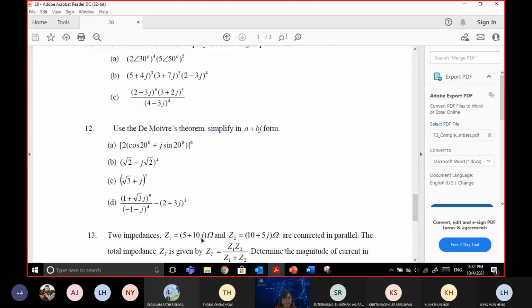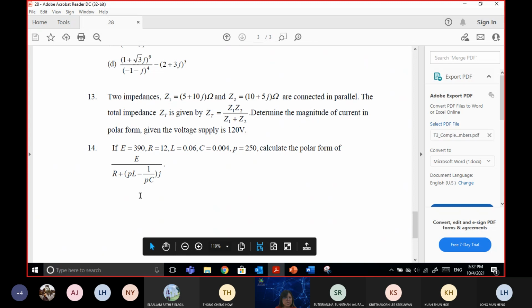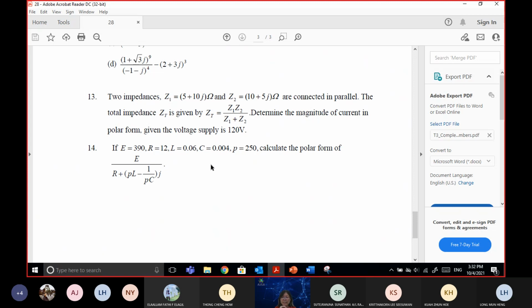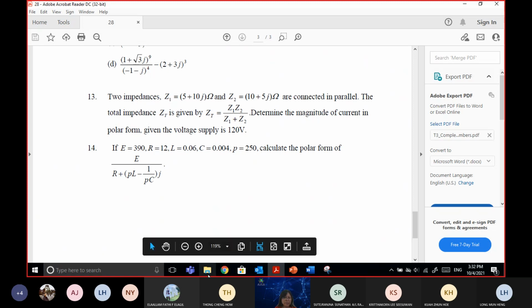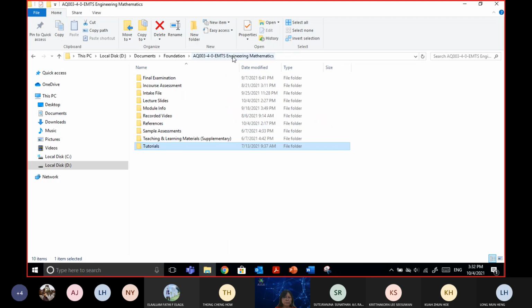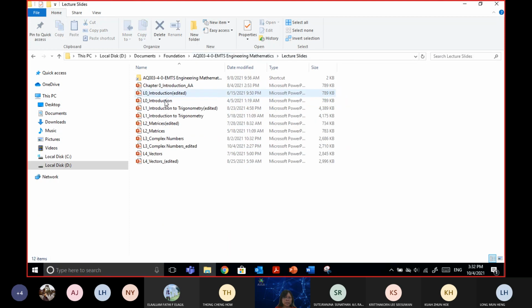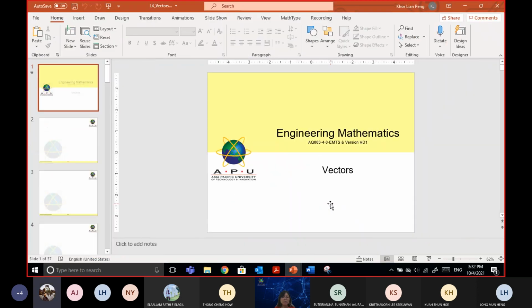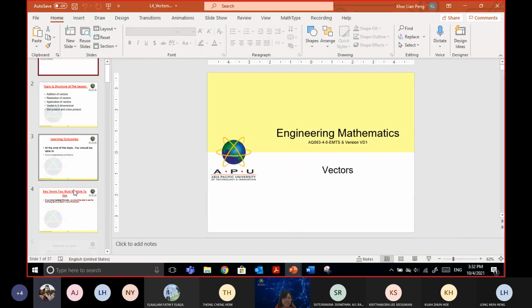We have two more questions for the complex numbers, so I give you a 10 minute break, then we will come back for these two questions. After these two questions, if we have time, we will start the new topics.